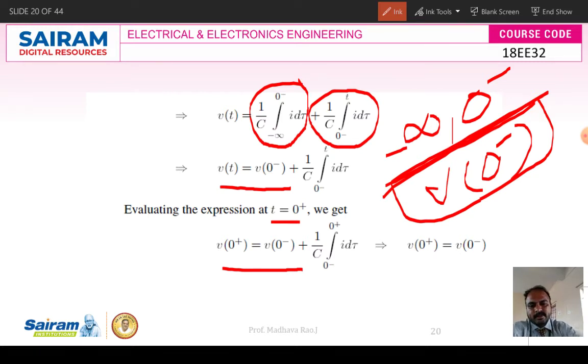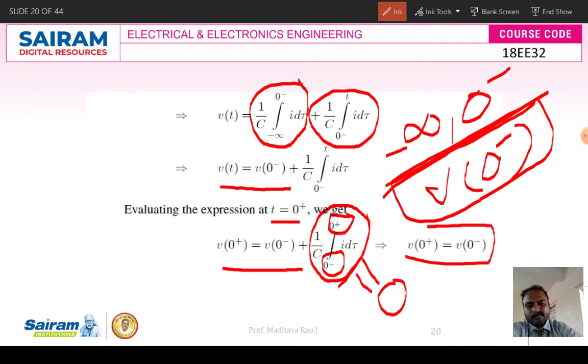The switch goes from just open to just closed almost instantly, so this integral term is equal to 0. Finally, V of 0 plus equals V of 0 minus.